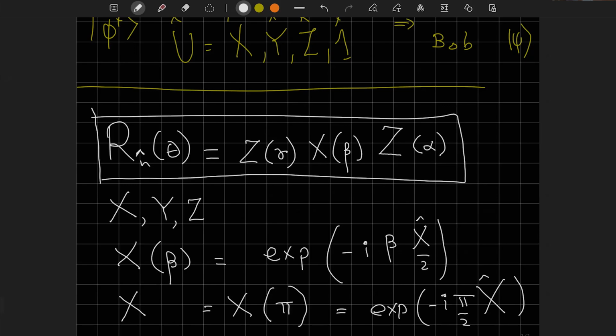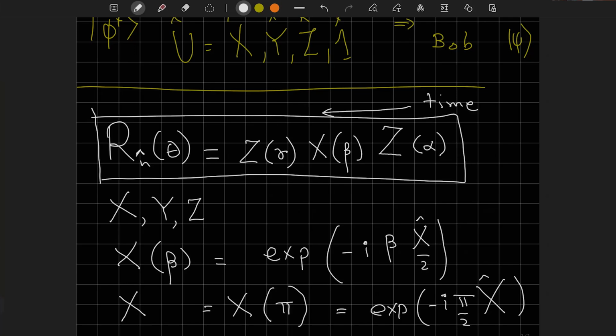And when I write this in operator form, time flows from right to left. The quantum state enters from the right. So this is the ordering that I'm going to follow in writing the operators.